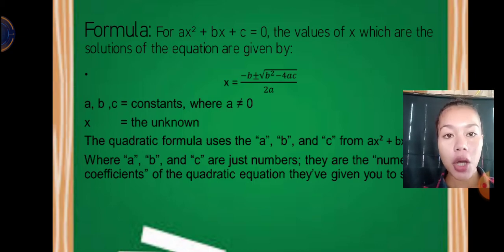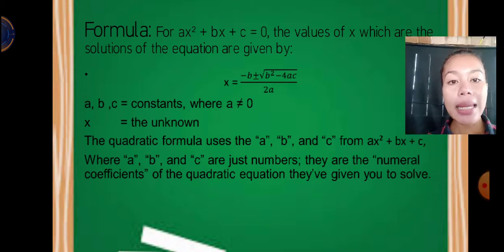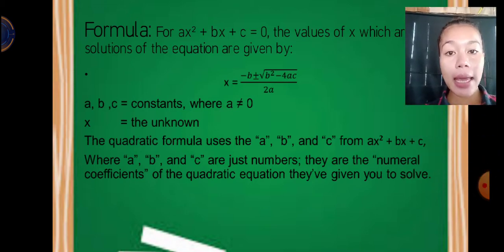A, b, and c are constants where a is not equal to 0, and x is the unknown. The quadratic formula uses a, b, and c from ax squared plus bx plus c, where a, b, and c are just numbers. They are the numerical coefficients of the quadratic equation they've given you to solve.